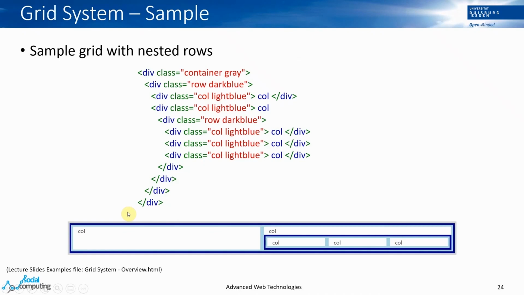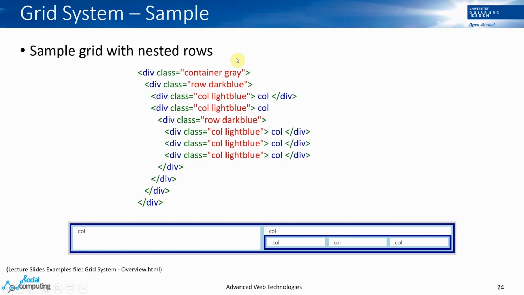So here is an example of one simple container or grid which has two columns, and then it has a nested row within this. What we did here is that we first created a column container. This gray and blue are classes that have been added just to see how the container looks.